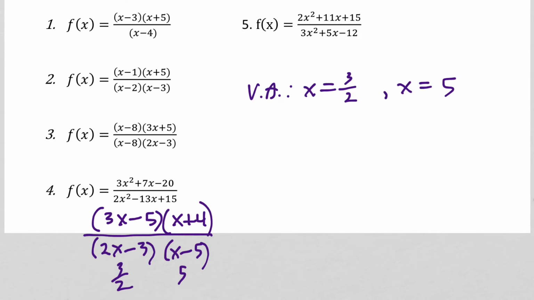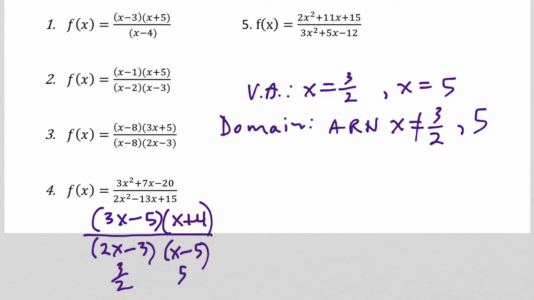Okay, so the next thing would be our domain restrictions. Our domain is all real numbers, except x cannot be 3/2 and it cannot be 5. Now for the x-intercepts, we look at the numerator. And so for this factor here, x cannot be 5/3.